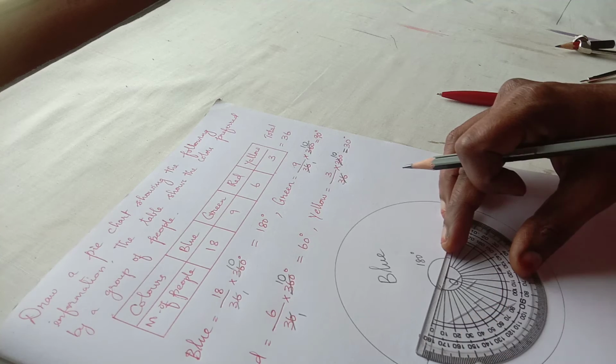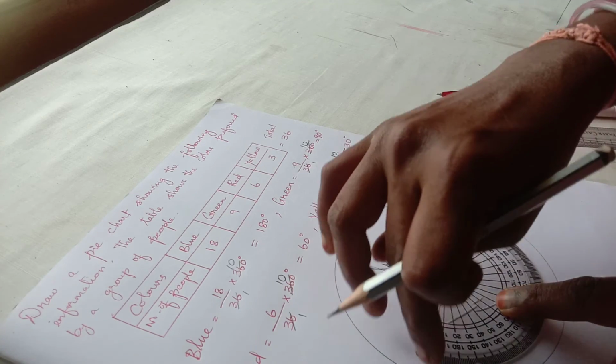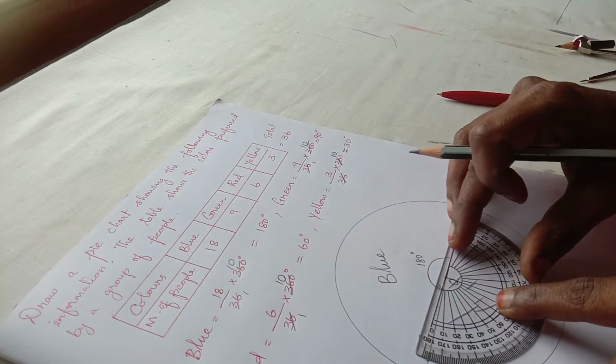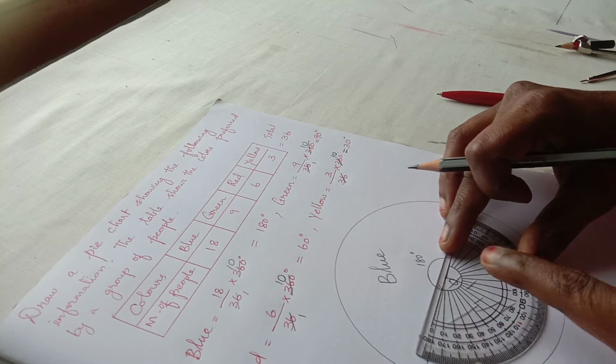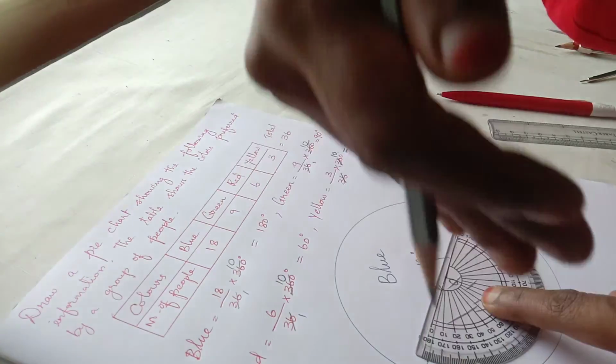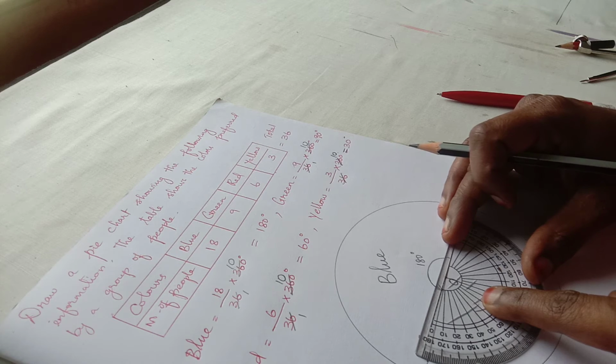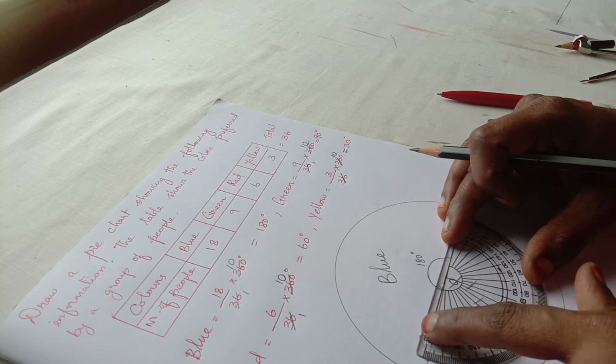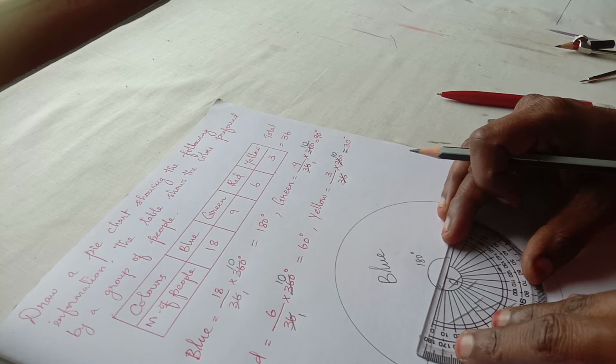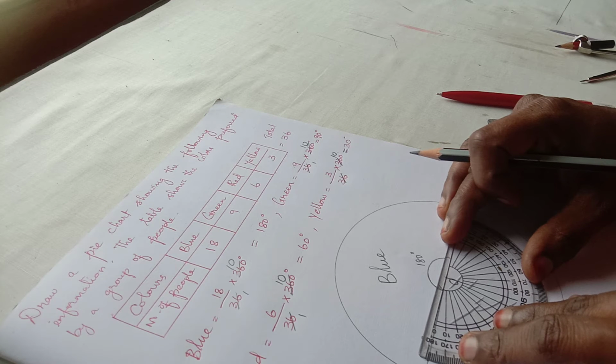Then which side do we need to adjust now? OB is the radius. Now we are keeping OB as the base, not OA, because we started like that. Adjust the left-hand side, this side baseline of the protractor, according to the radius OB.